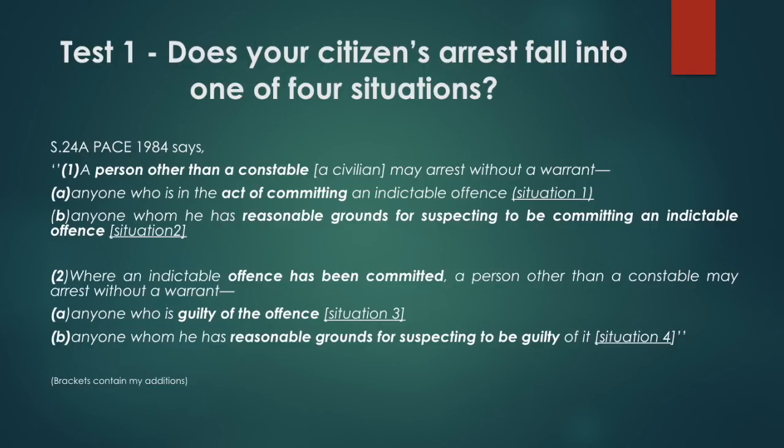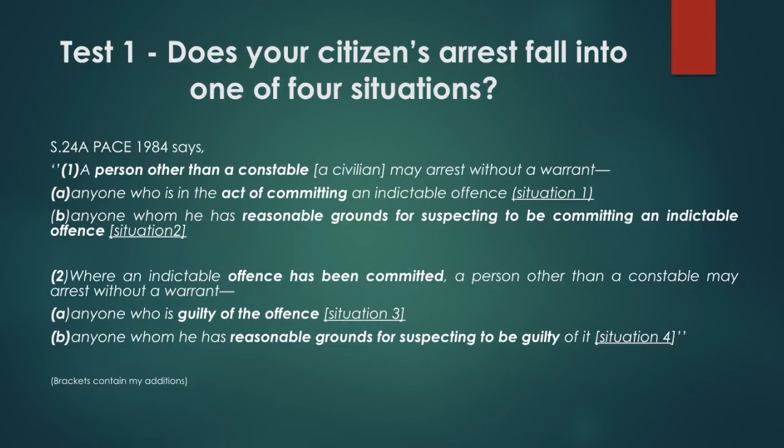Section 2. Where an indictable offence has been committed, a person other than a constable may arrest without a warrant: A. Anyone who is guilty of the offence. That's situation 3. Or anyone whom he has reasonable grounds for suspecting to be guilty of it. That's situation 4. Take some time looking at that slide by pausing the presentation if you like.